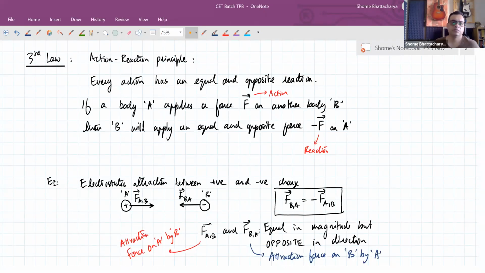So one of the very fundamental forces at the particle level known in physics, which is electrostatic attraction, displays this particular property, as do all forces without exception.